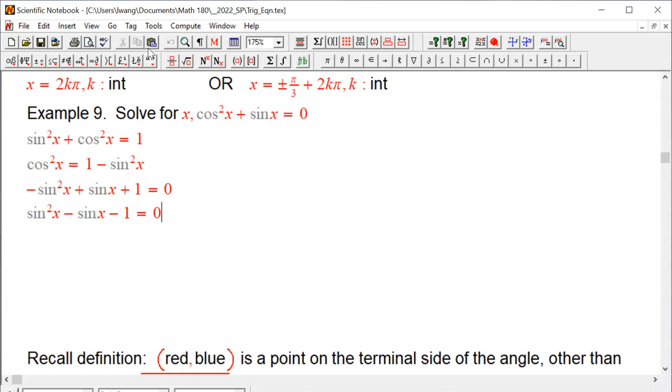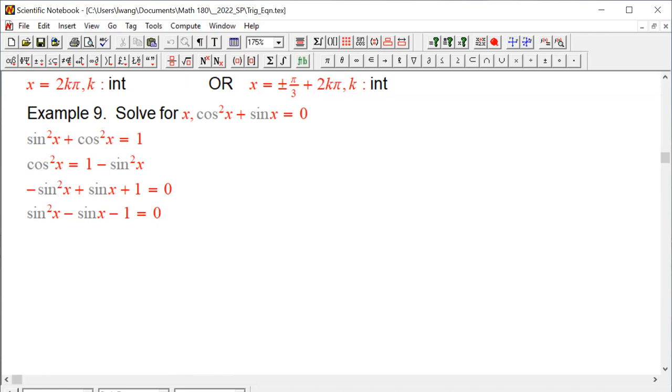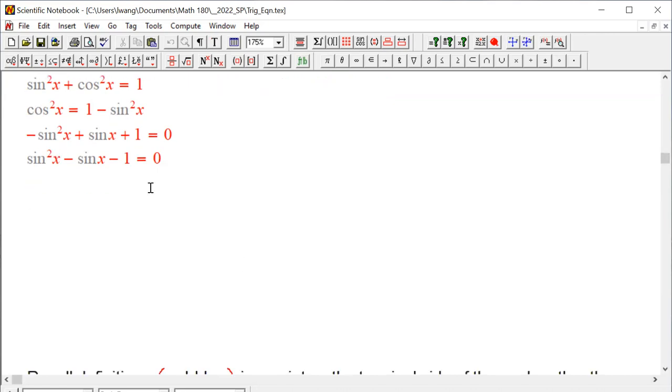And then what do we do? Factoring is difficult, but this is a quadratic equation, right? So let's see if we can do something to help us see better. Introduce u, so we get u squared minus u minus 1.